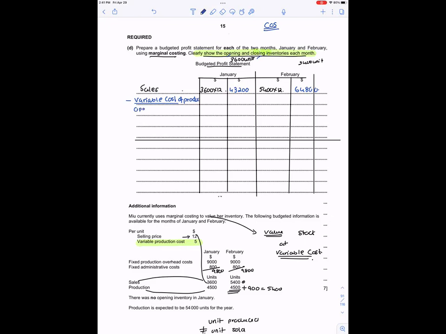Opening inventory, purchases, or here we will do the production, minus closing inventory. Is there any opening inventory in Jan?